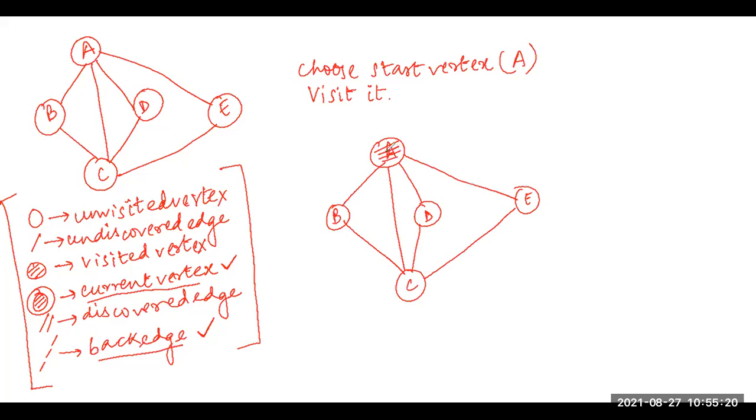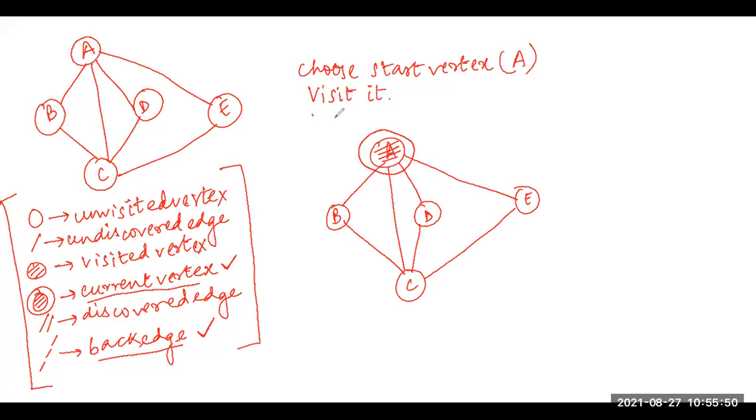Now, I visited A. Then I will again start with A and I will see what are the edges that can be reached from A once the vertex is visited. So when we are visiting this vertex and starting to compare, I will change this vertex to the current vertex symbol. See, this is the current vertex symbol.